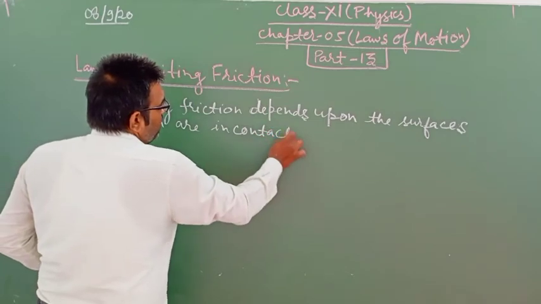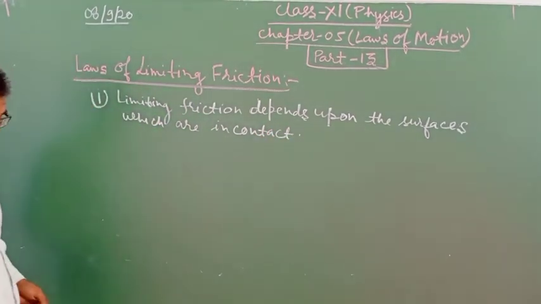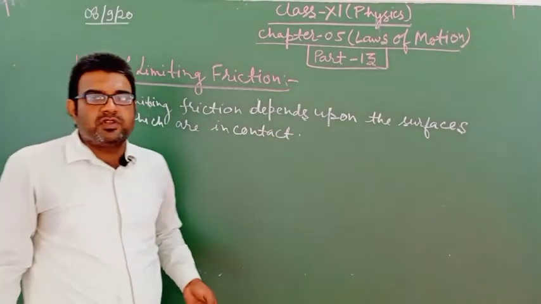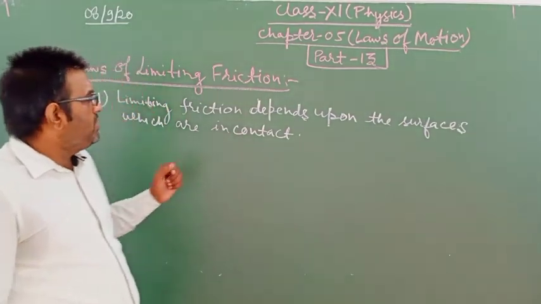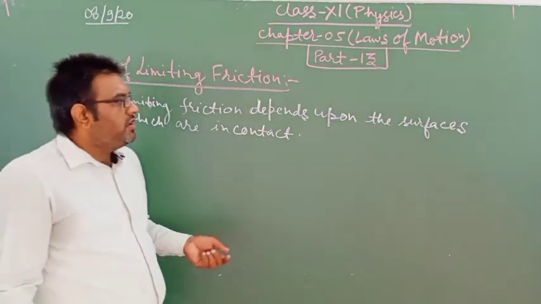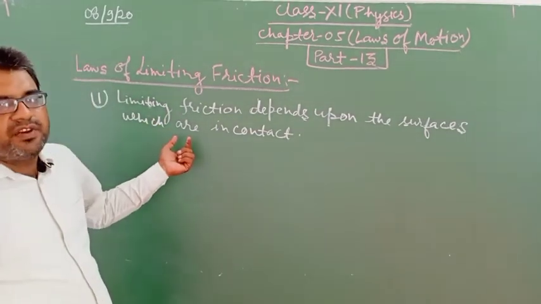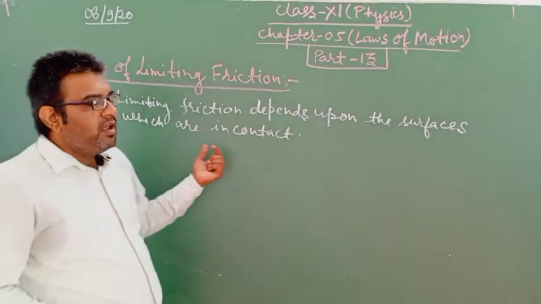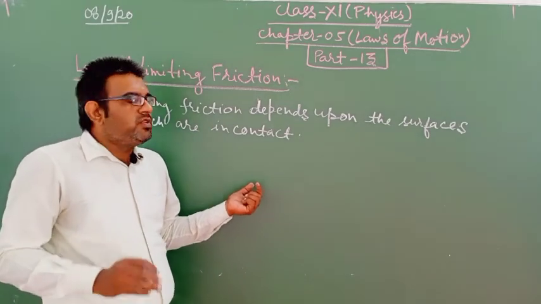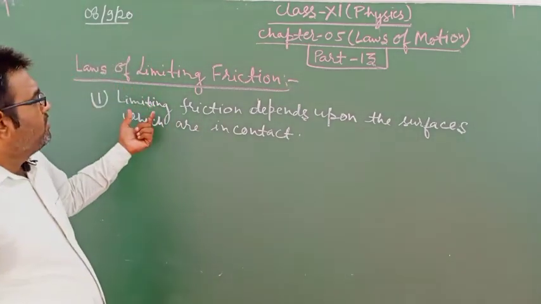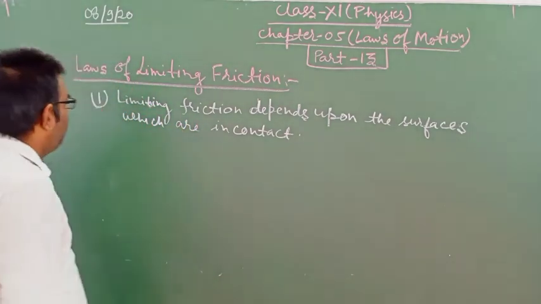It means, students, that it depends on the roughness and smoothness of the surface. Based on this, the limiting friction depends. If the surface is more rough, the value of limiting friction is more, and if the surface is smooth, then the value of limiting friction is less.